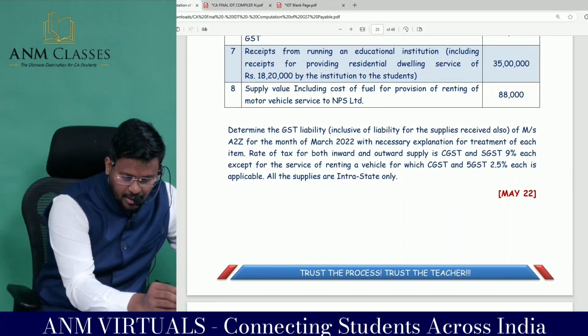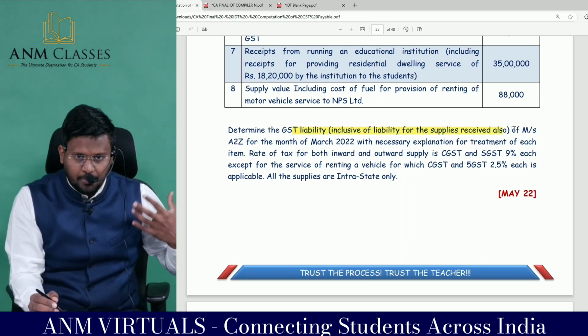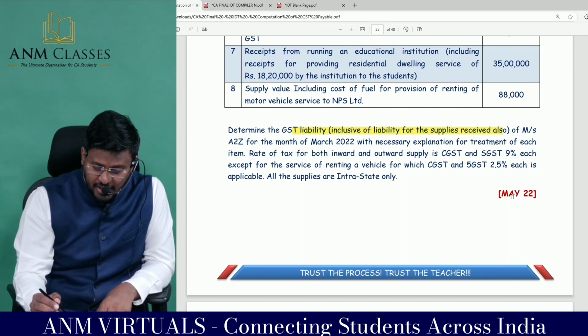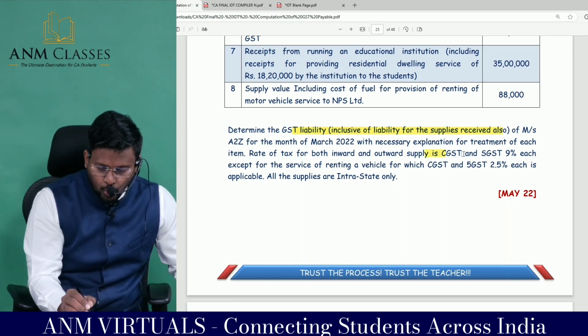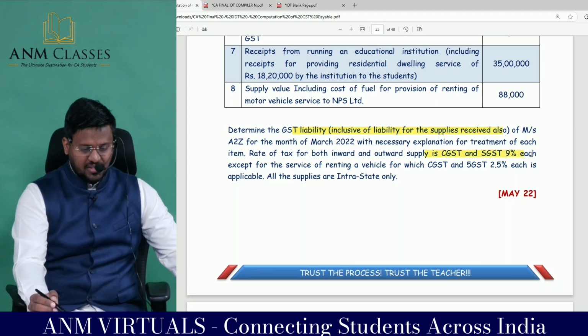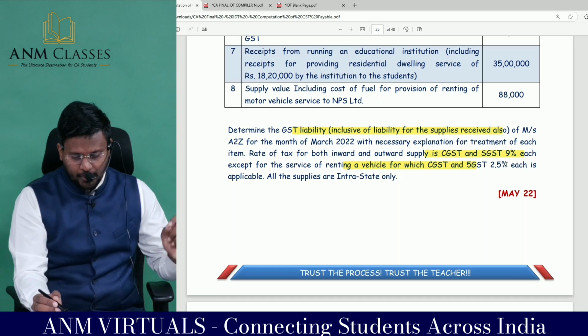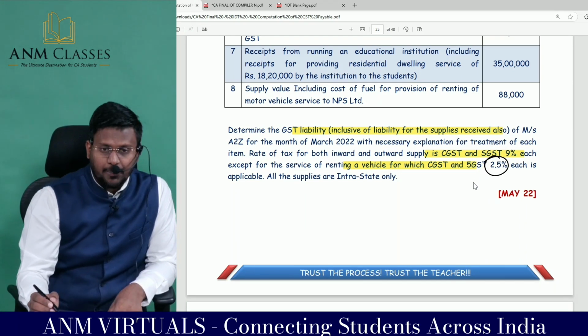Determine the GST liability, inclusive of liability for the supply received also, that means RCM also, of Mrs. A to Z for the month of March with necessary explanation for treatment of each item. Rate of tax for both inward and outward supply: CGST and SGST 9% each, except for the service of renting a vehicle for which CGST and SGST of 2.5% each is applicable.